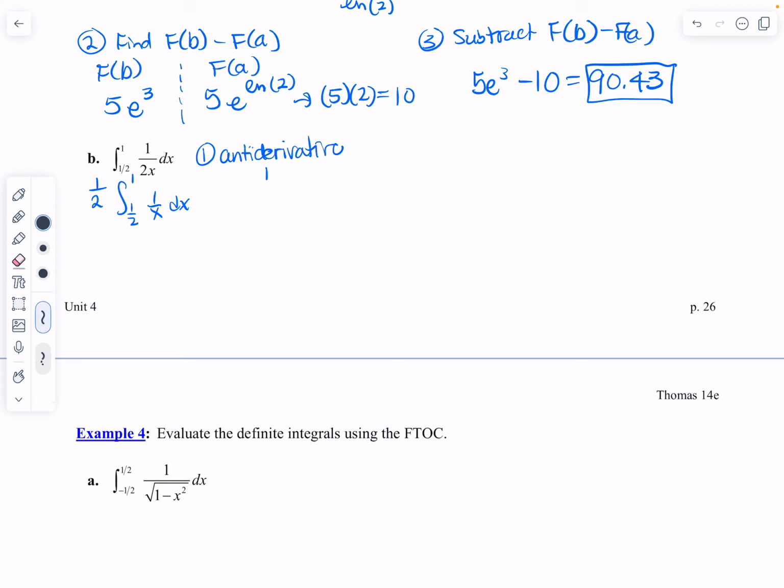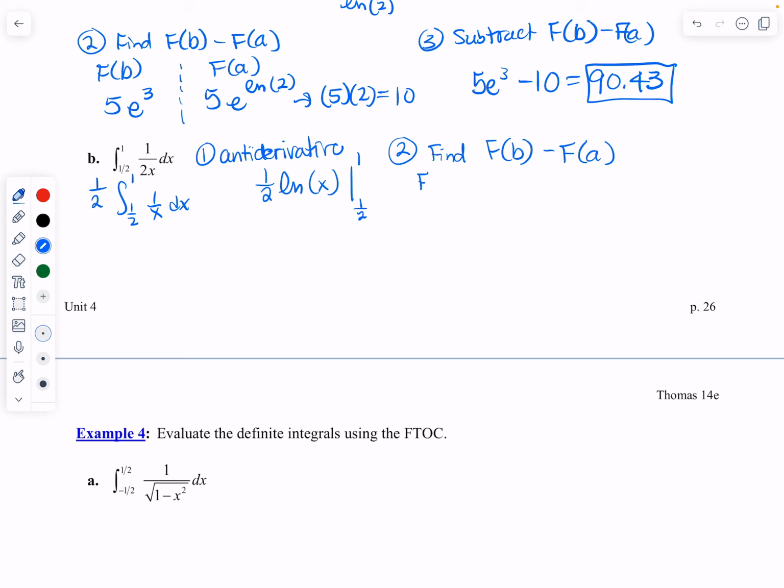So this antiderivative is 1/2 ln x. And guys, instead of the soft parentheses, I believe we're supposed to use absolute value there. It'll be a positive value, so that won't be a problem. But we're going to evaluate this from 1/2 to 1.